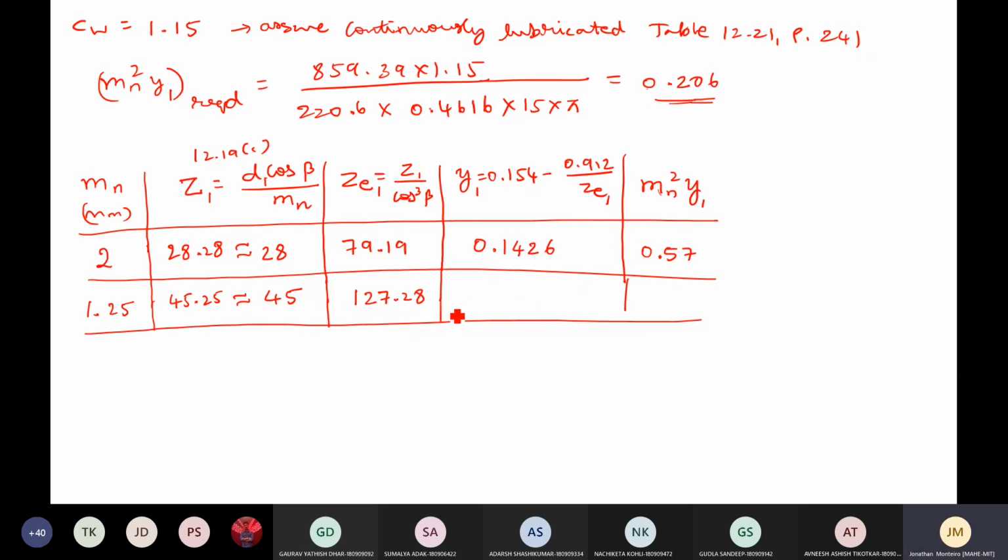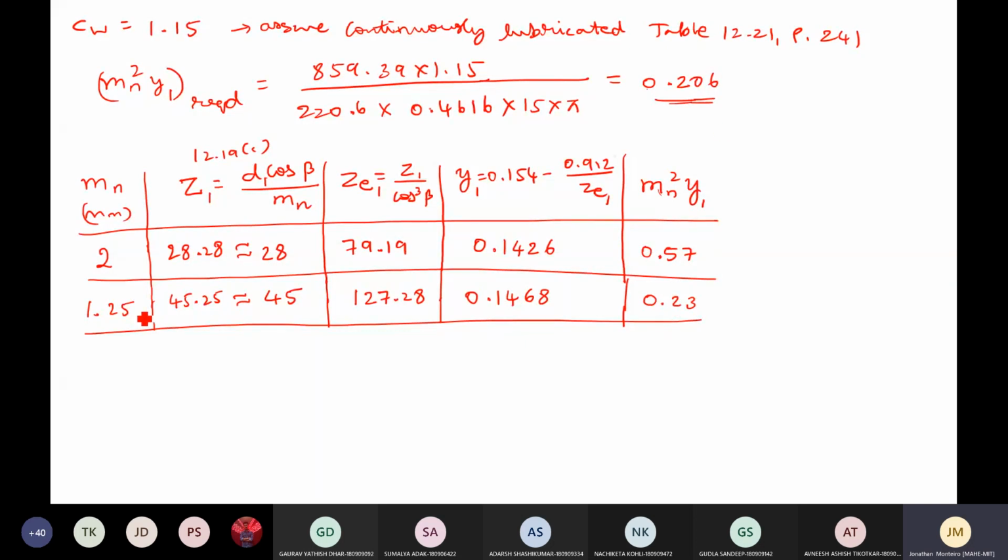Next, Y1 should be around 0.1468, not much of a difference. The difference is only in the third decimal place. But anyway, we have taken 1.25, so that will make a difference when it comes to the product. You will get around a value of 0.23, which is very close to this.